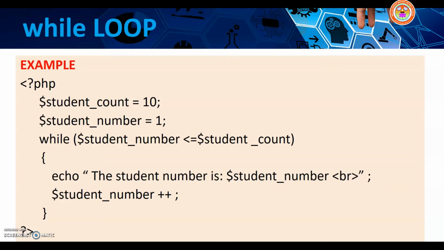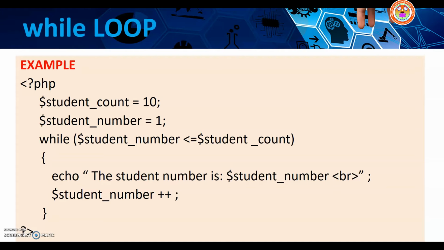So first iteration, what is the body of the loop? Echo, the student number is $student_number. So initially first iteration, you consider first iteration with the value student_count 10. The control enters into the body with the initial value of 10 and 1.